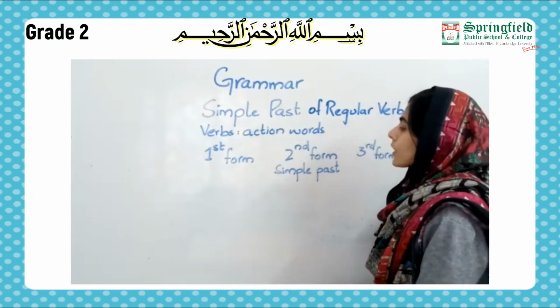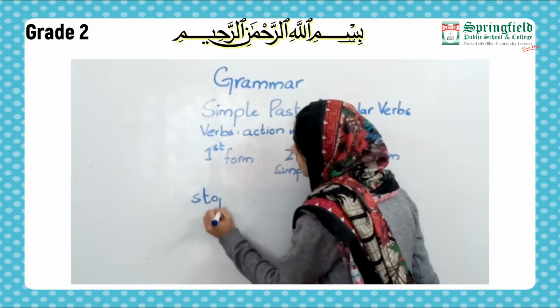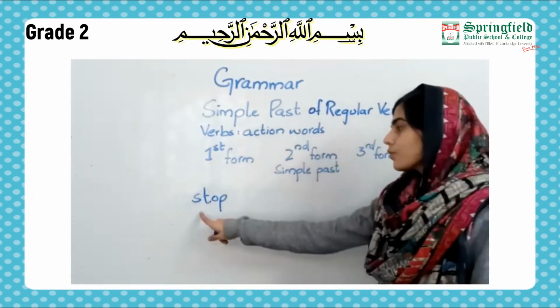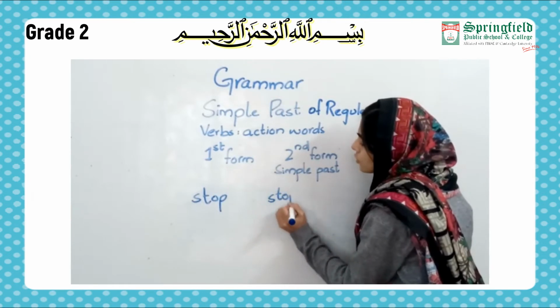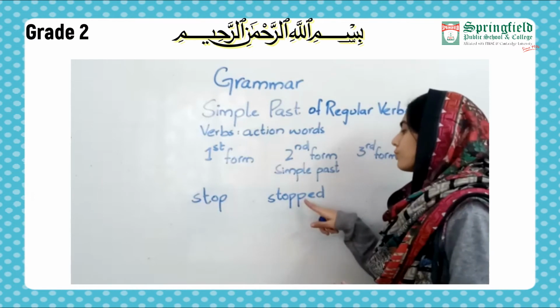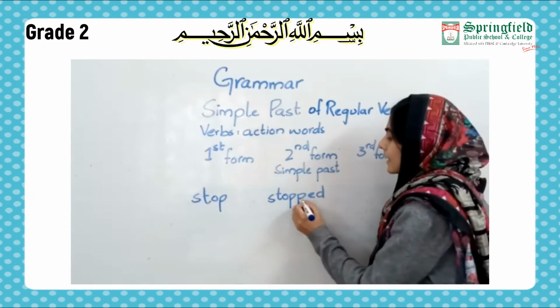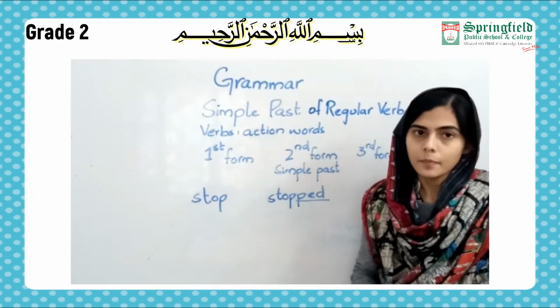So here we have got another verb. Stop. This is the verb. Now the second form of this verb is stopped. You can see we added another p and then ed. Now what's the rule?